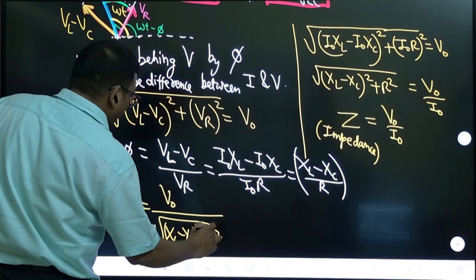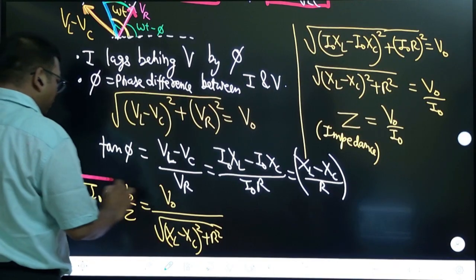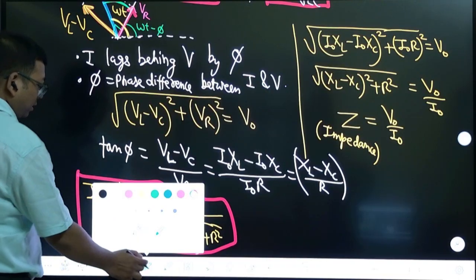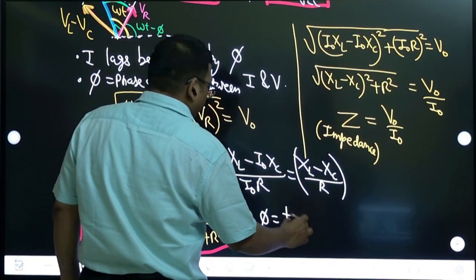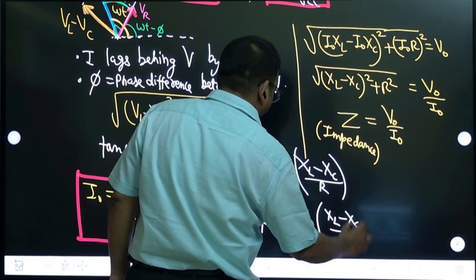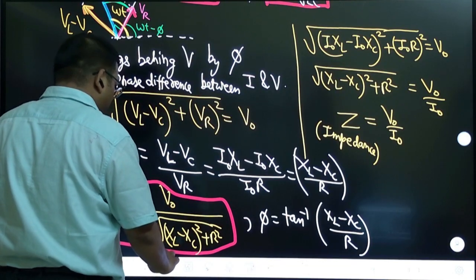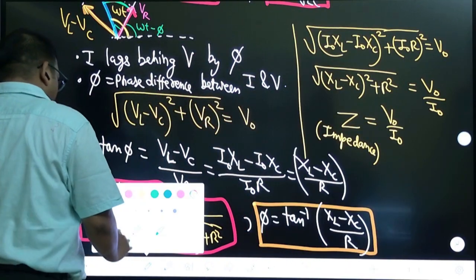So now we have got the amplitude of current and we have also got the angle phi from here. We can write tan inverse if you want. So phi can be written as tan inverse of (XL minus XC) by R. So we have now got everything. We have got the amplitude and we have got the phase difference. That was the purpose of solving.